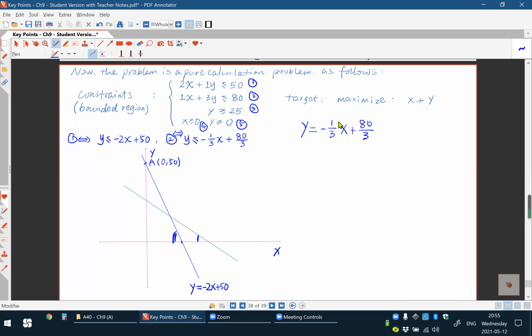Because the absolute value of the slope is smaller than the previous line. Can you see that? Okay, so roughly this line has a position like this. And this is our second line.